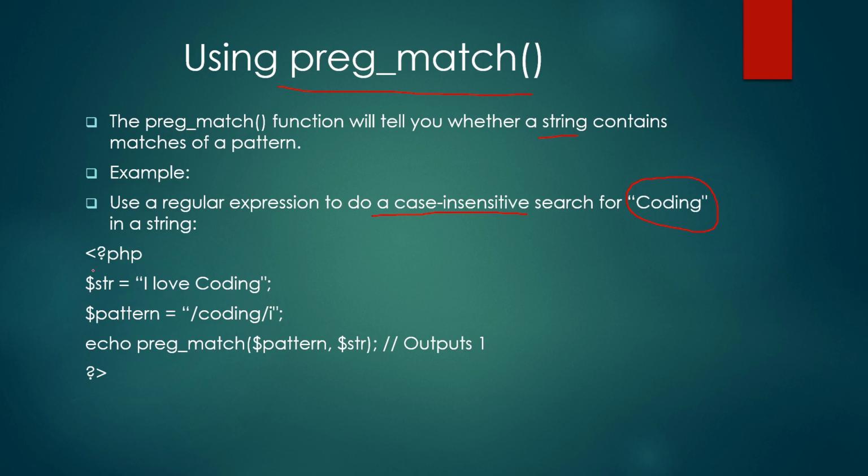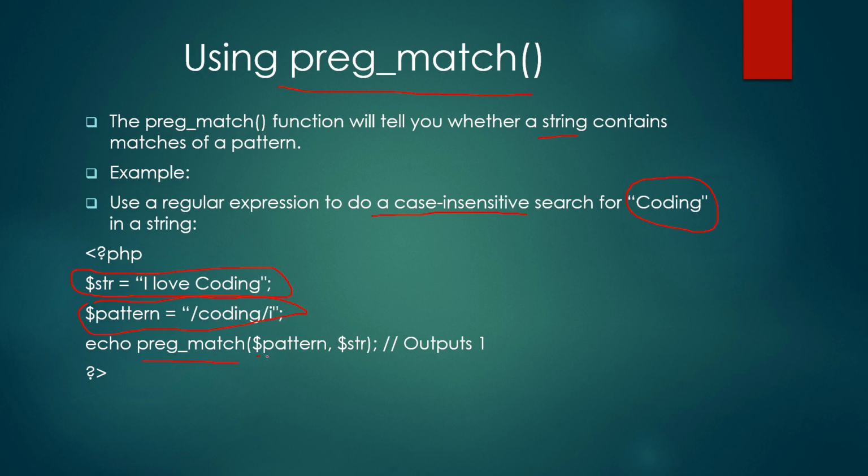Here I have given one string which consists of I love coding, and this is my regular expression. I just want to check whether this pattern coding is available in this string or not. For that I can make use of the preg_match function.